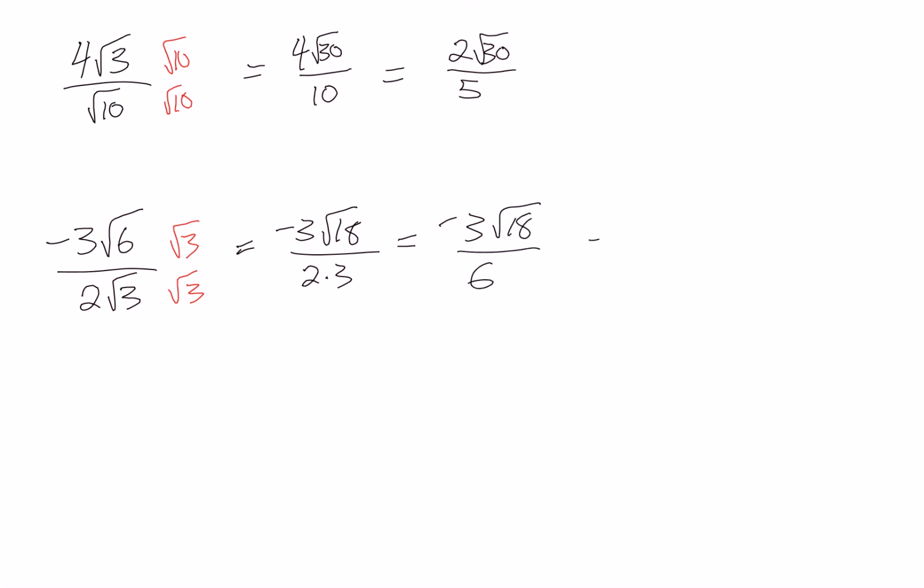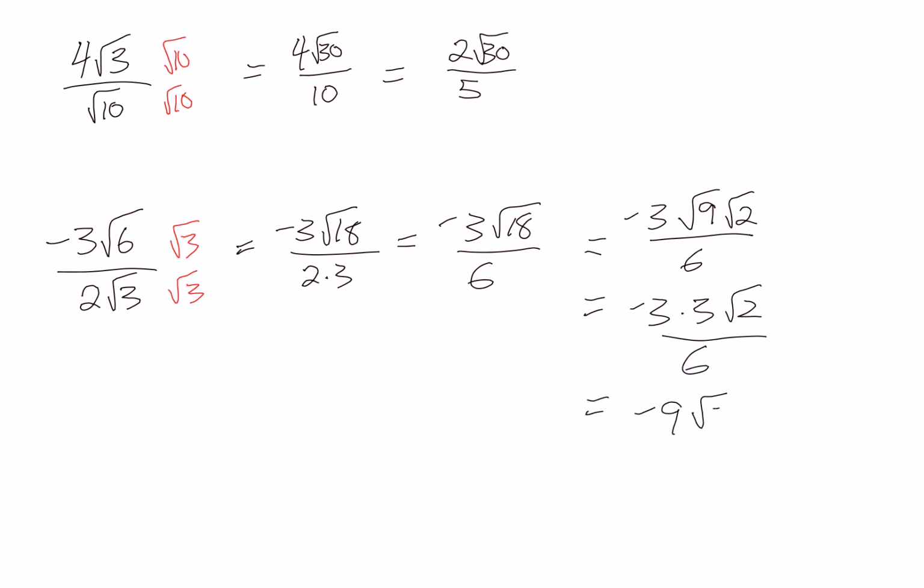This one we can simplify. The root 18, we can break into 9 and 2. So that would be negative 3 times 3 root 2, which gives us negative 9 root 2 over 6. And we can divide both of those by 3. So negative 3 root 2 over 2 would be our final answer. Okay, and we'll stop there.